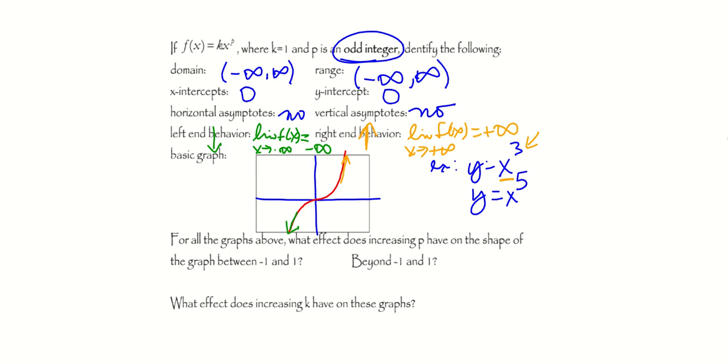Now, for all of these graphs, what effect does increasing p have on the shape of the graph between -1 and 1? Hopefully what you noted is between -1 and 1, as p goes up, your graph gets shallower between -1 and 1.